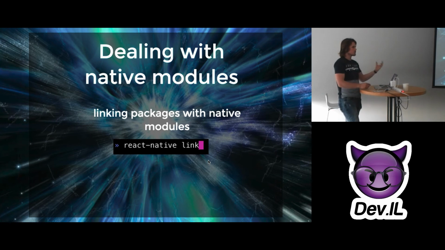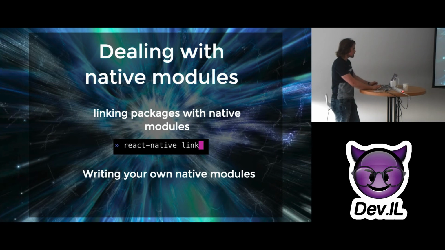It adds settings inside the Gradle file for Android, and adds the project as a dependency inside Xcode for iOS, and does a bunch of things. Usually, if a package requires more than that, it will be listed in the package README, so it will be pretty descriptive.